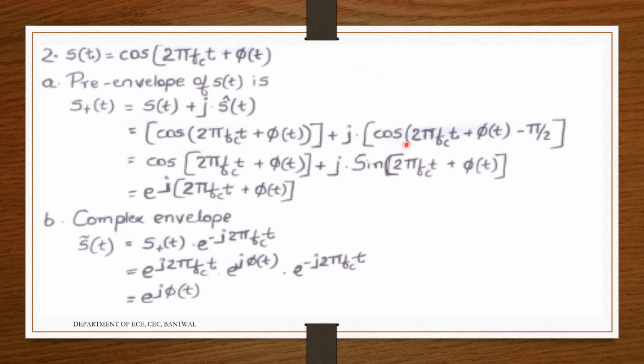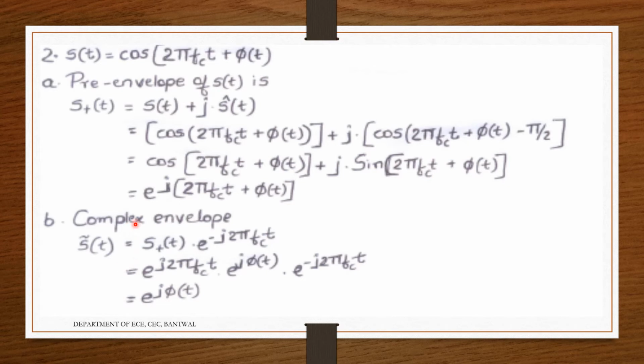So when I consider it here, the same thing, cos of 2 pi f c t plus pi of t plus j sin of 2 pi f c t plus pi of t. So directly e raised to j of 2 pi f c t plus pi of t. I have converted it directly into the exponential form.